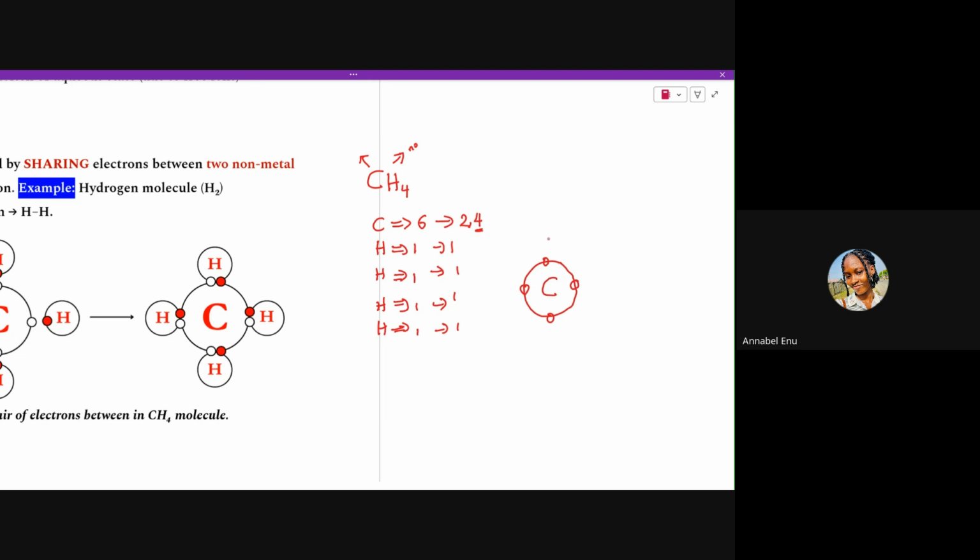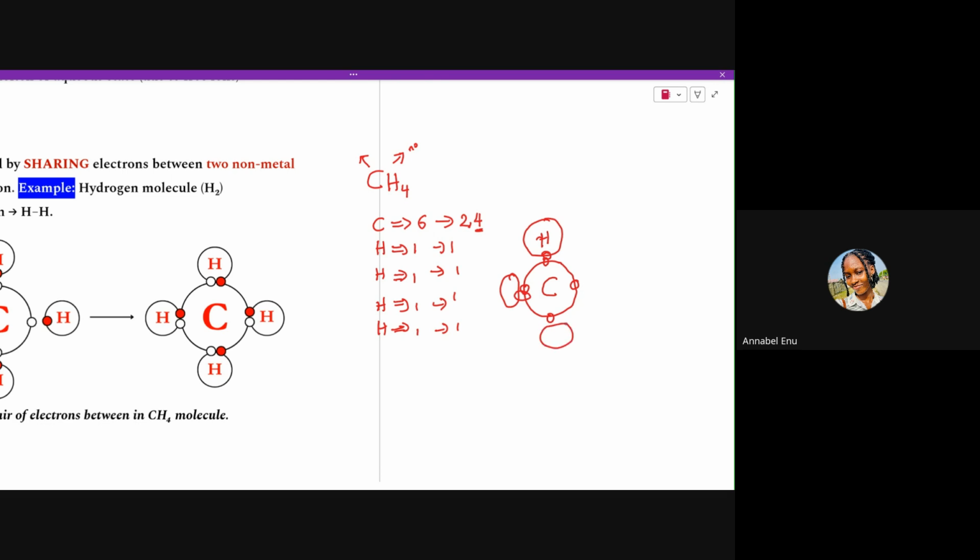So what will happen here is, since we have 4 hydrogens and each of those hydrogens has 1 electron, they are now going to share their 1 with carbon. One hydrogen will be here and share its one with carbon. Another hydrogen will be here and share its one with carbon.